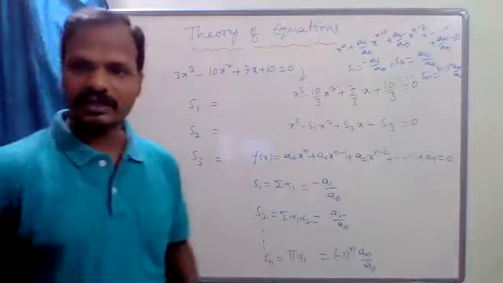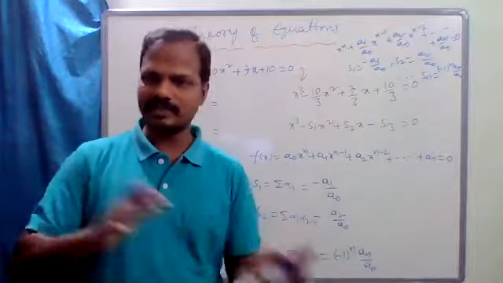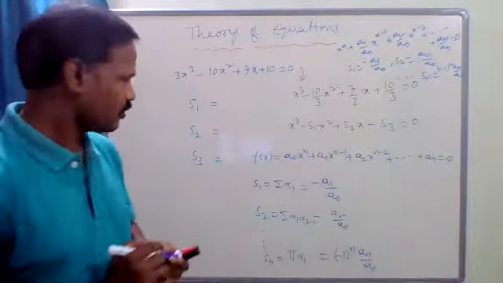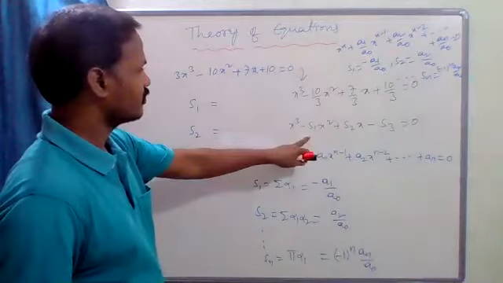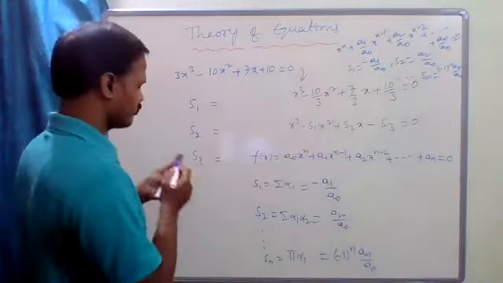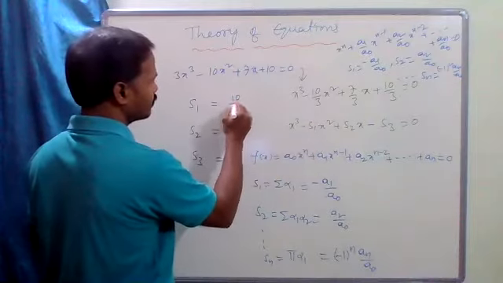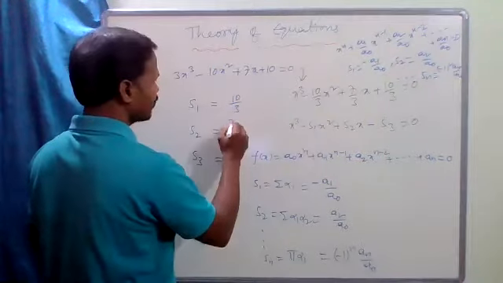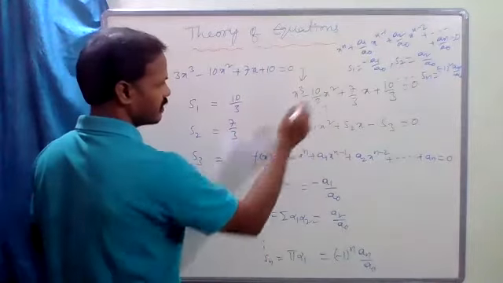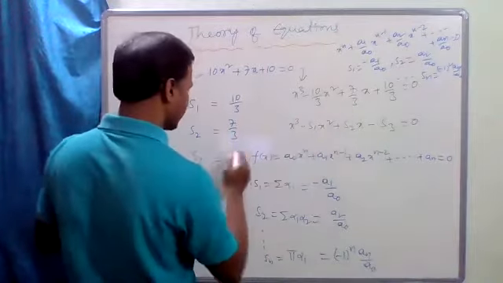S1, S2, S3, Sn come minus plus alternately. So then what is the value of S1? S1 equal to 10 by 3. S2 equal to 7 by 3. S3 equal to minus 10 by 3.